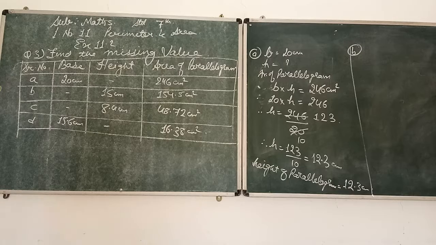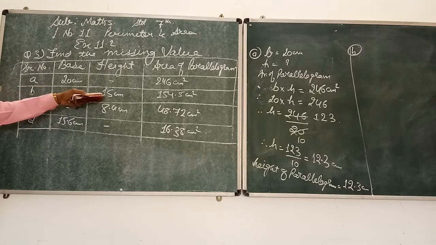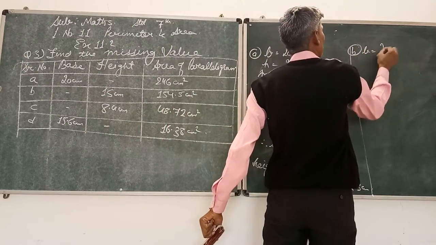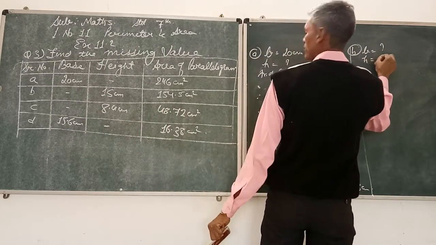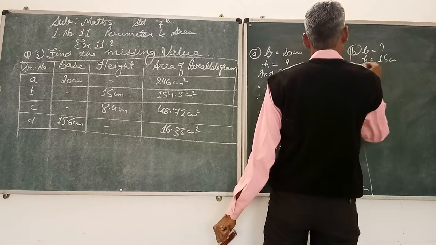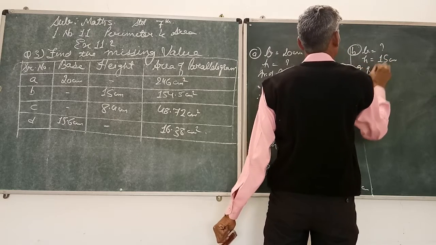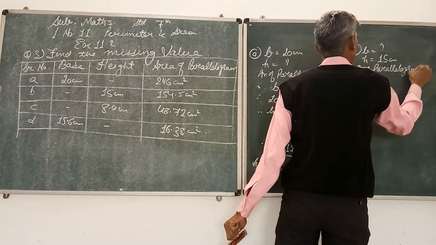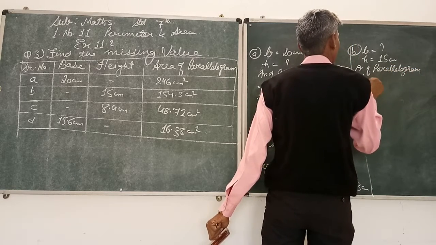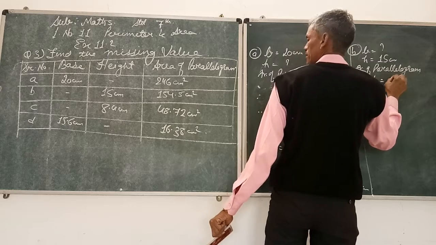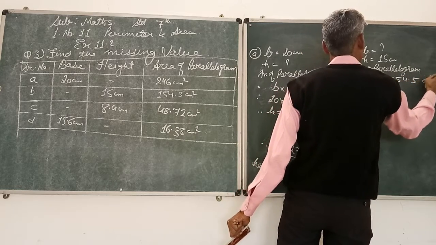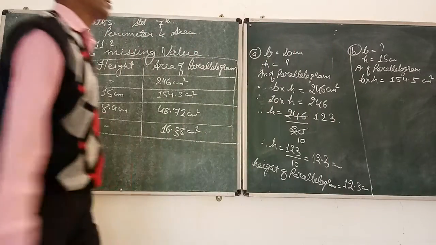B, here base is not given, height is given 15 centimeter, area of parallelogram is given, 154.5 centimeter square.